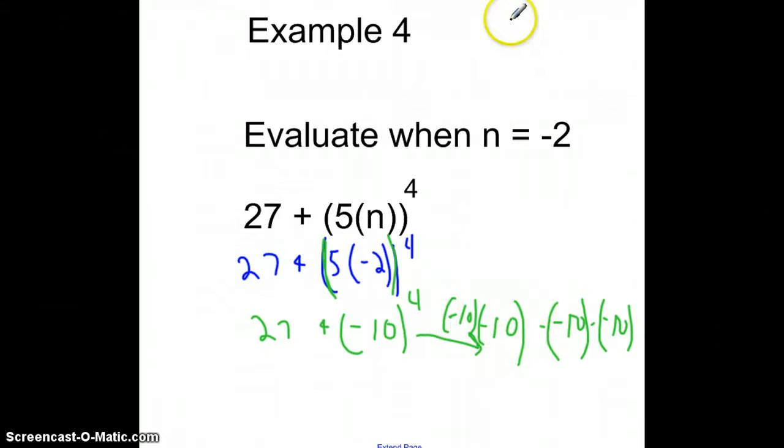Okay, so this is all multiplication. 10 times 10 is 100, times another 10 is 1,000. So really we know that we've got 4 zeros here. So we've got 27 plus, and we've got 4 zeros: 1, 2, 3, 4. So the question is, is this going to be negative or positive? Well, it's an even exponent, which tells me it's got to be positive. So our final answer here is 10,027.